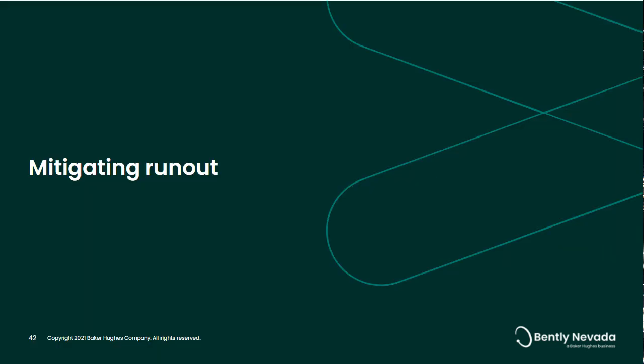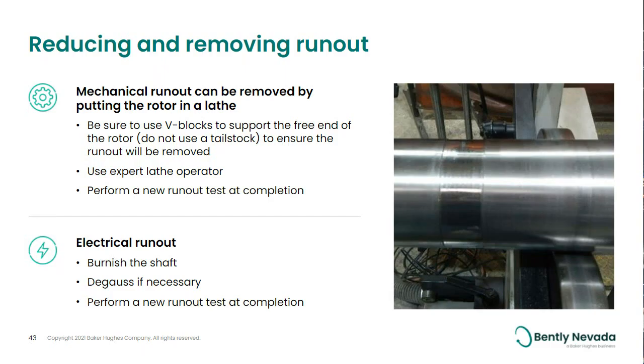And now that we've measured the runout and identified it, what do we do with it? How do we mitigate it? If you've measured the runout and have determined that it is too high to live with, there are a couple of things you can do. If you've narrowed it down to being primarily mechanical runout, this can be removed by putting the rotor in a lathe. Perhaps that second point should have been up front, but we would definitely recommend using an expert lathe operator. They can assess what the best way would be to mitigate that.